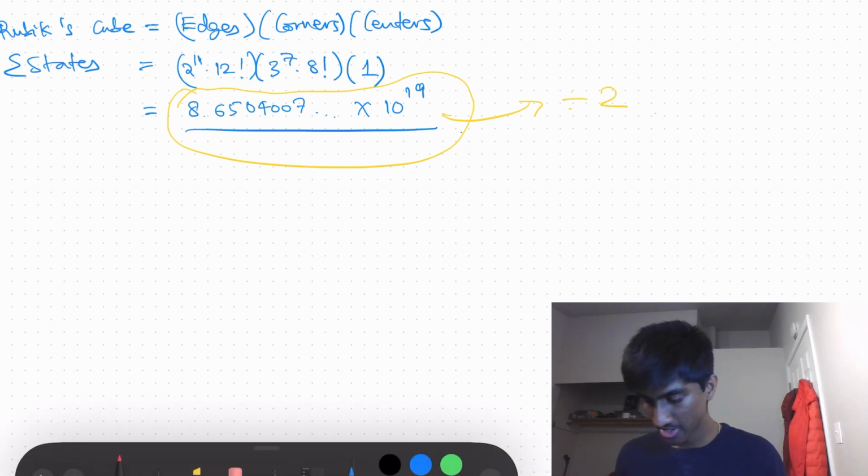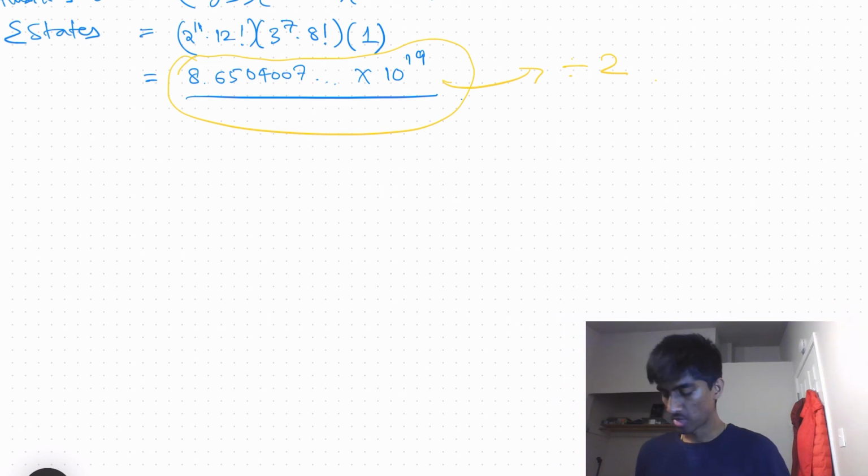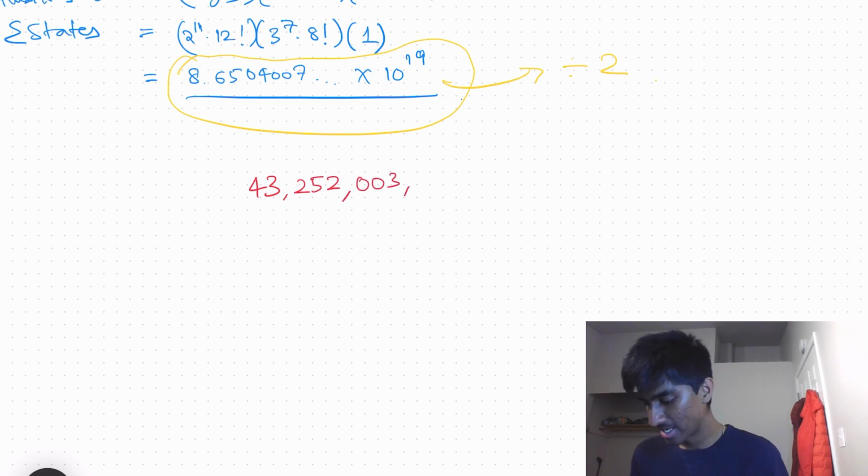And the final answer that you get is exactly the number we know and love, which is, well, I'm not sure if we know or love this number, but the number is 43 quintillion, 252 quadrillion, 3 trillion, 274 billion, 489,856,000.